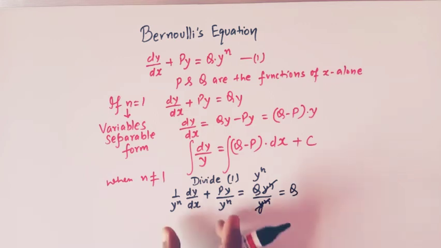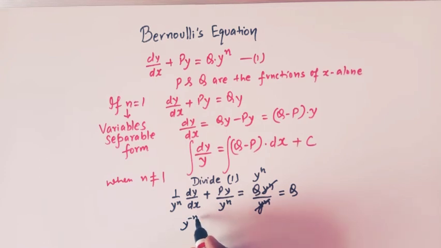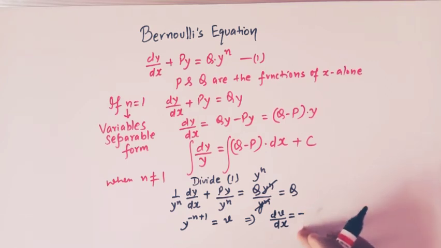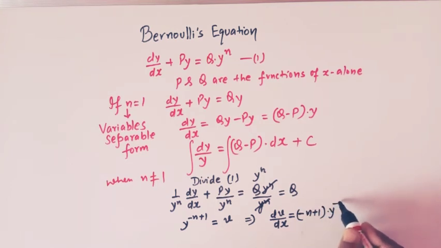Now we substitute y^(-n+1) = v. If we substitute y^(-n+1) = v, then we get dv/dx = (-n+1) y^(-n) dy/dx.